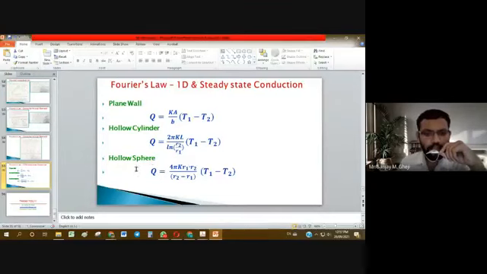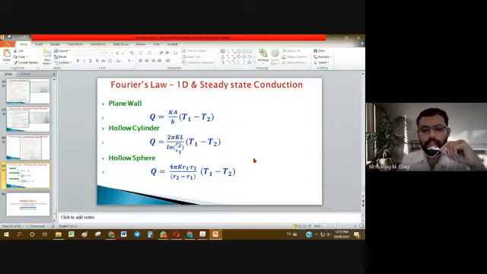In a similar fashion, for a hollow sphere, see, in industries at various factories and facilities, there are storage vessels used to store hot fluids or maybe cold fluids.